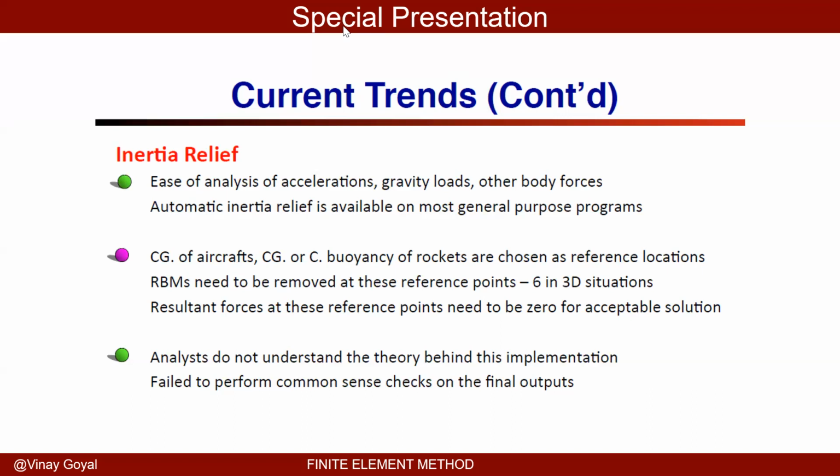They don't want to get that. So they are actually hiding the actual truth. The whole idea is they should have told you in their manual that you have to have proper boundary conditions. Anyway, that's the story about this inertial relief. Go to the next chart, please.